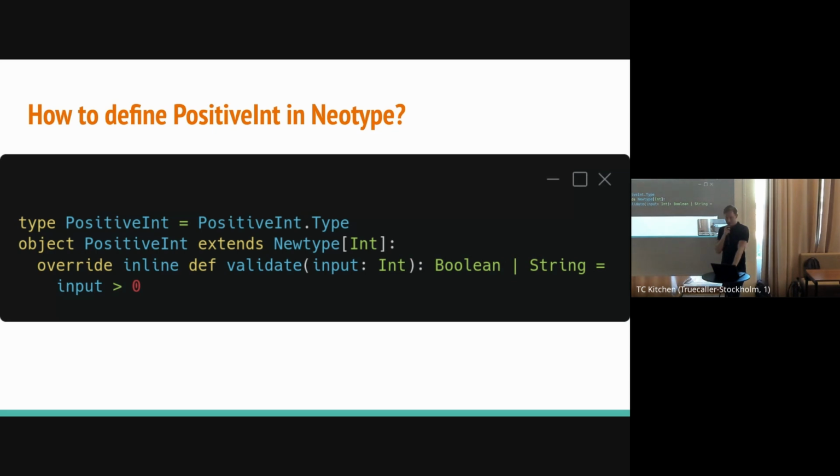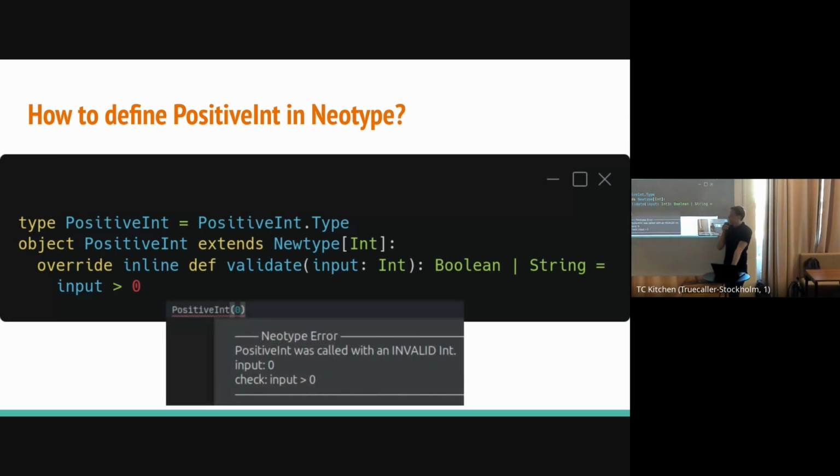So in Neotype, you can define a positive int. You create a new type like before, and you just add this validate function and override it. And you write plain Scala code, so you check that the input is greater than 0.